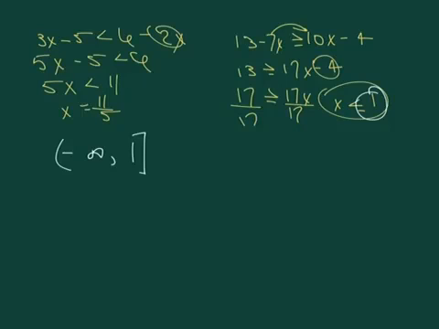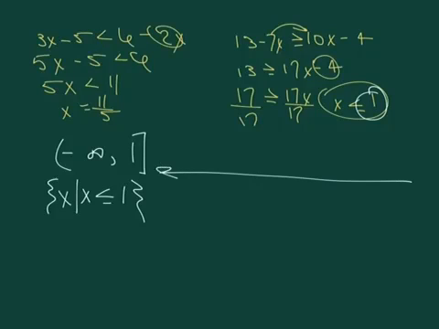If you want it in set notation, x such that x is less than or equal to 1. And if we want to graph it, we have 0, we have 1, and we graph it putting a square box there at 1 and a line that goes into negative infinity.